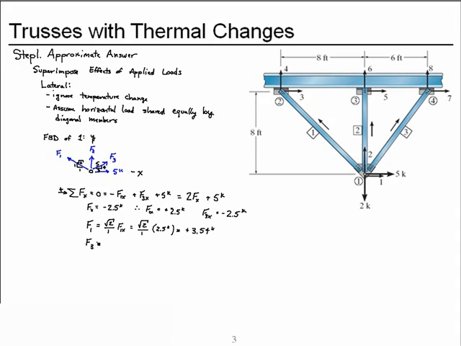Now member 3. We have 5/3 times the horizontal component, which is 5/3 times the negative 2.5 kips, and therefore the force in member 3, due to just the lateral load with our assumptions, is a negative 4.17. That is compression.